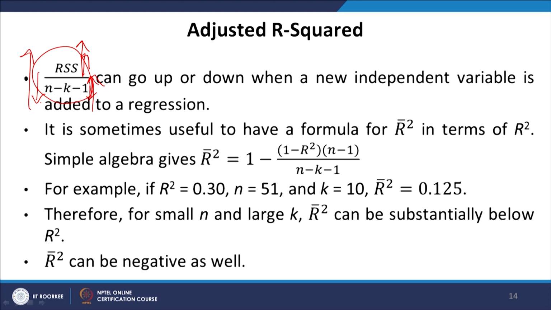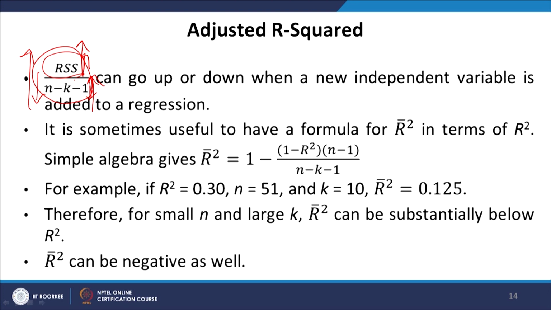So, that is how we can have RSS upon n minus k minus 1 either going up or going down. Unless the additional independent variable makes a significant contribution to reducing the residual sum of squares, RSS upon n minus k minus 1 will go up, right, and as a result of which adjusted R square can fall.